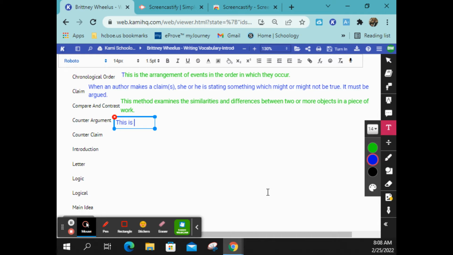Counterclaim. This is a verbal or oral response to an argument presenting an opposite viewpoint.